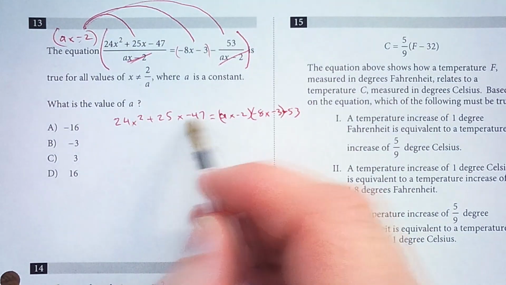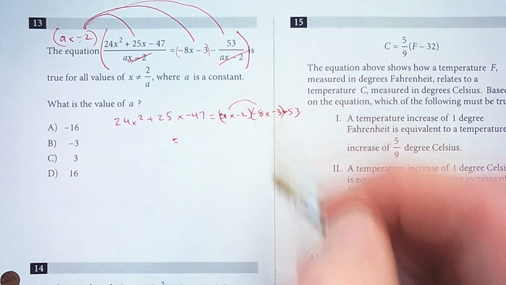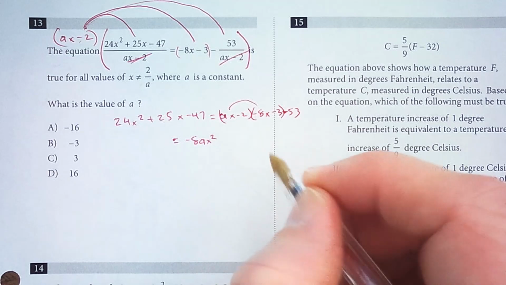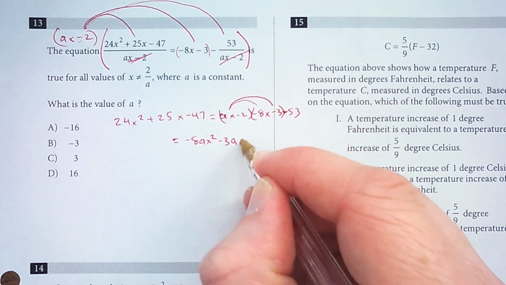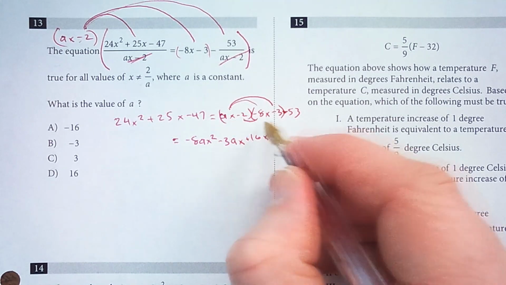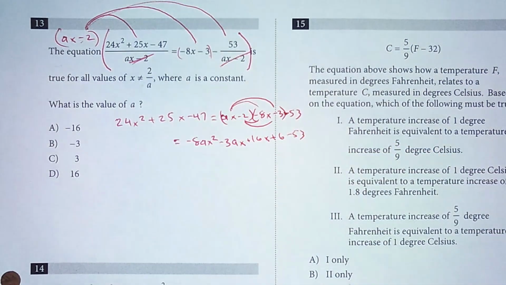Now I'm going to leave this side alone for a while, and here I'll do some distributing, so I have -8ax squared minus 3ax plus 16x plus 6 minus 53.